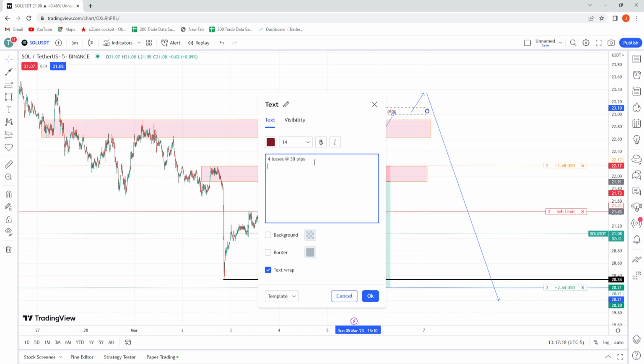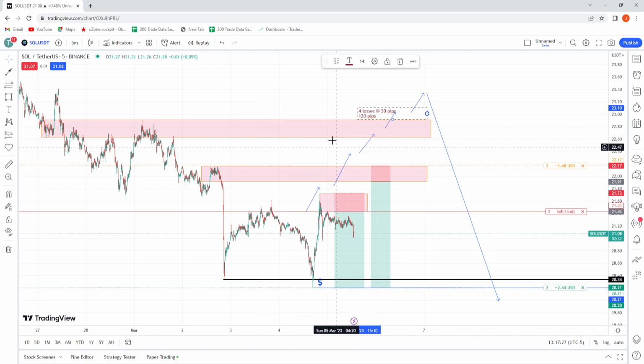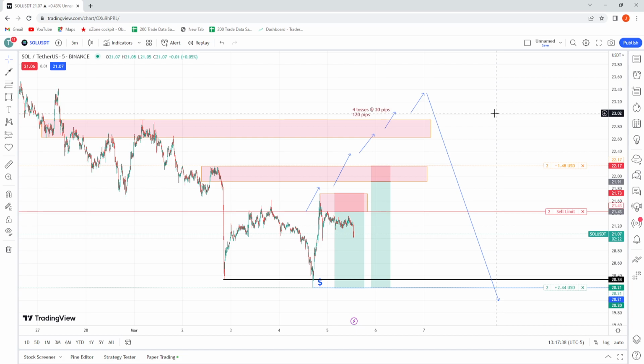And I know we deal in percentage, but just again, just to keep it as simplistic as possible. Okay. So we'll count them 1, 2, 3, 4. So all 4 of these are 4 losses at 30 pips, right? So you've lost 120 pips if you're into counting pips.